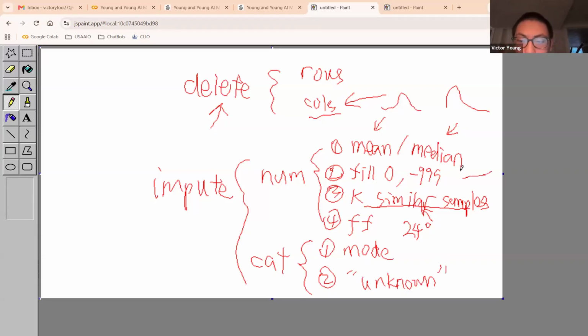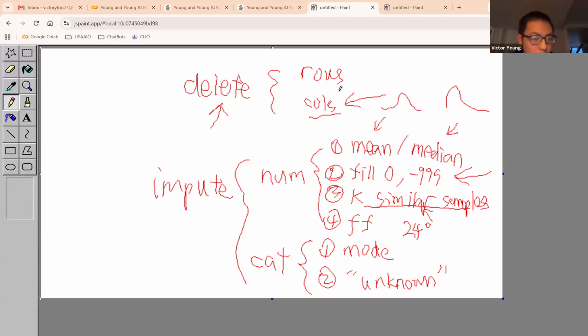That's the same thing as before: the fact that it's missing might be very helpful, just like what I said in the medical example. So if we replace it with unknown, that will tell the model, oh, this is a separate category.